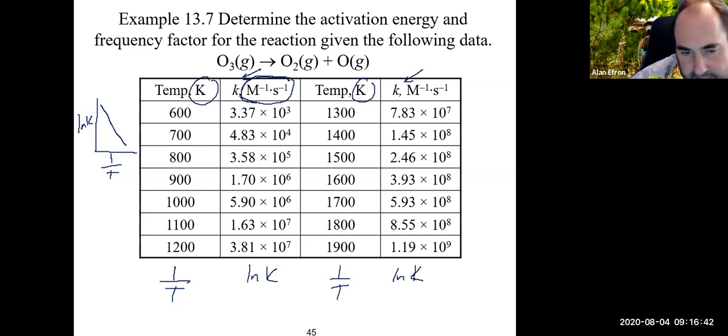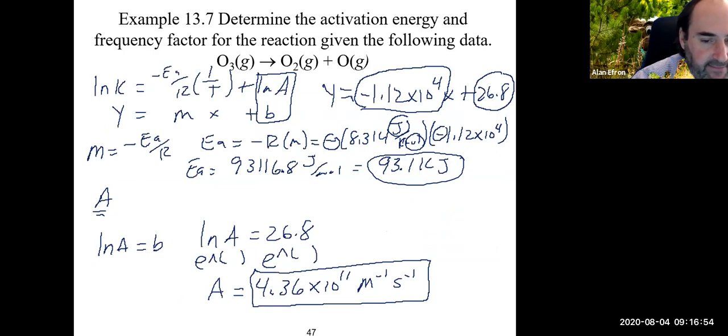So typically speaking, when you figure out the frequency factor, they typically will end up with the same units as the rate constant had, because it's basically the y-intercept and it's basically derived from the rate constant. So that's how we get the units associated with that. And again, this is basically the proportion of molecules that have a sufficient amount of energy to get up and over to the other side there.